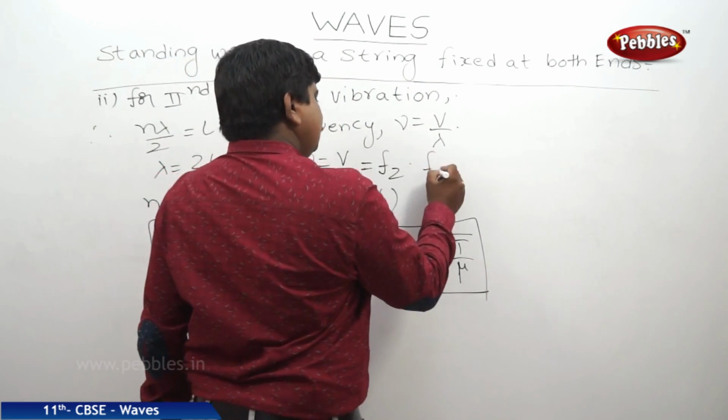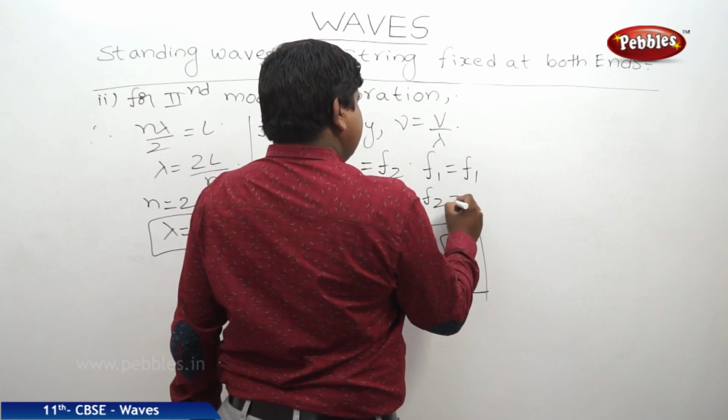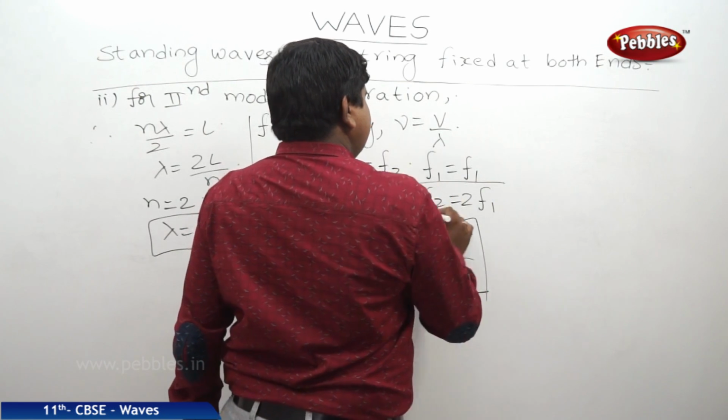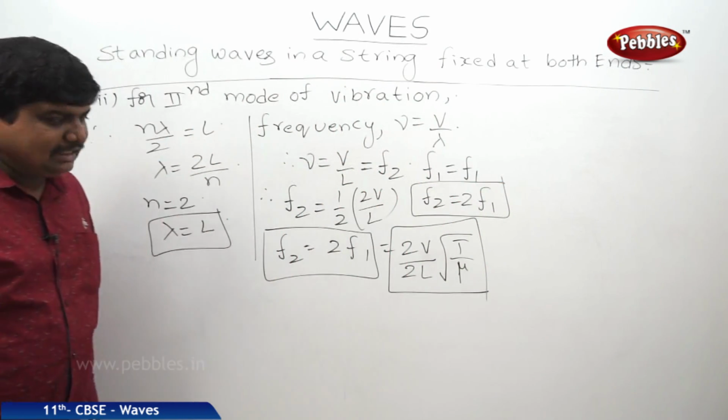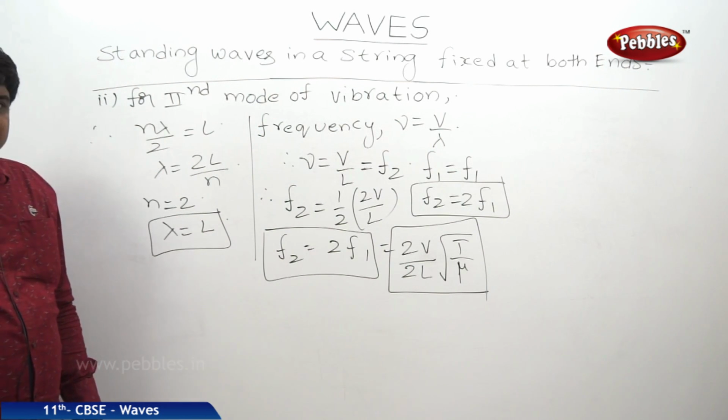So F1 is F1, but F2 is 2F1. Means for the second mode of vibration, the frequency is increased by 2 times the fundamental frequency.